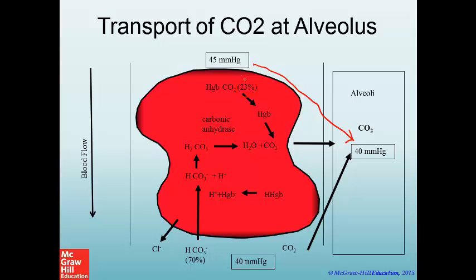So it's going to preferentially bind O2 by that binding curve we looked at. And then bicarbonate exchanged for chloride, right? So the chloride is going to leave the cells as bicarbonate comes in, so that's an exchange process. Secondary active transport. Bicarbonate can then be combined with hydrogen ion that was released by hemoglobin so that it could bind oxygen, and converted by carbonic anhydrase to CO2.